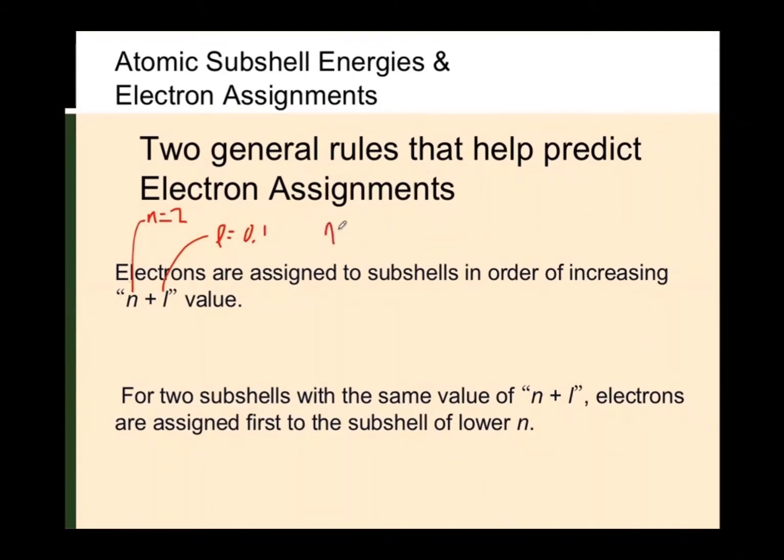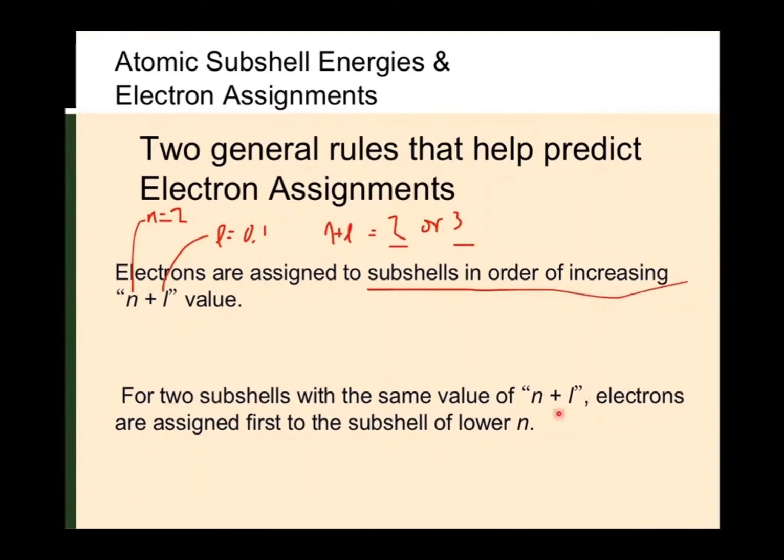So n plus l for the orbitals in the n equals 2 level can be either 2 or 3. And what this means is that we would fill this before we would fill this, because we fill in order of increasing n plus l value.